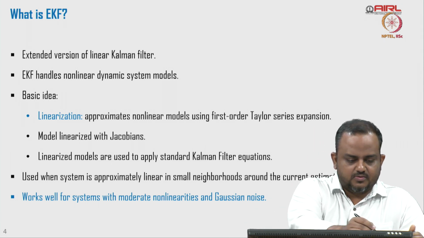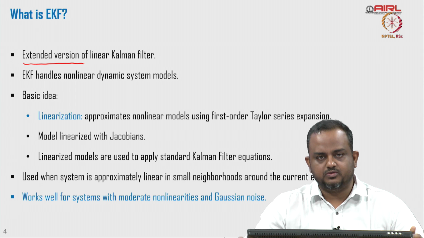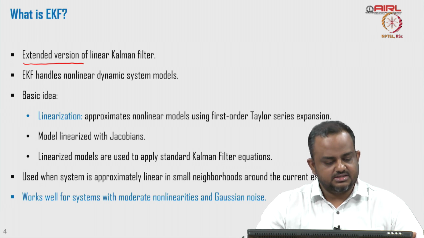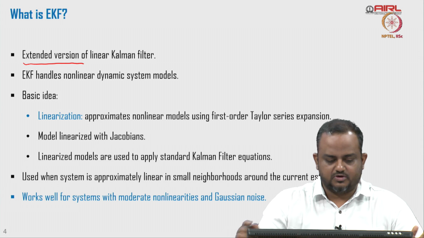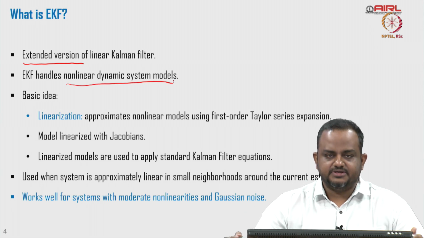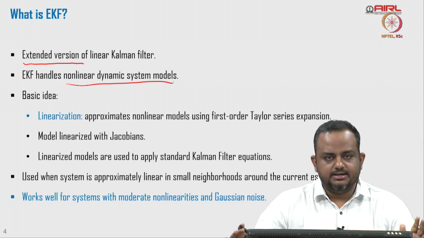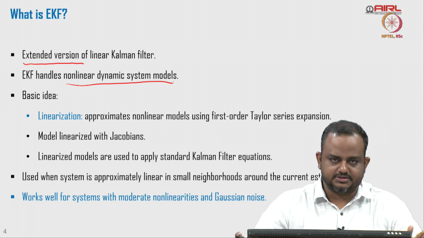It is one extended version of linear Kalman filter, as I have already told. It is extended in such a way that it can handle nonlinear dynamic system models, right. So, what is the basic idea? Kalman filter directly handles linear dynamical systems. When that system has some nonlinearity, Kalman filter performance degrades.